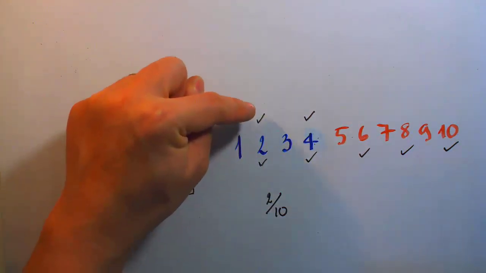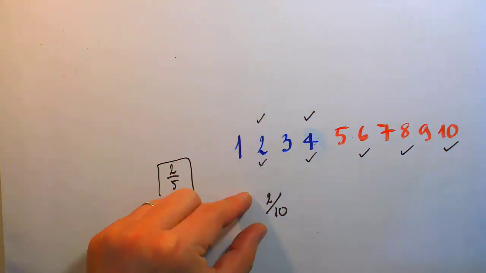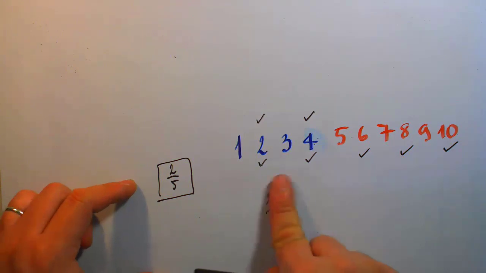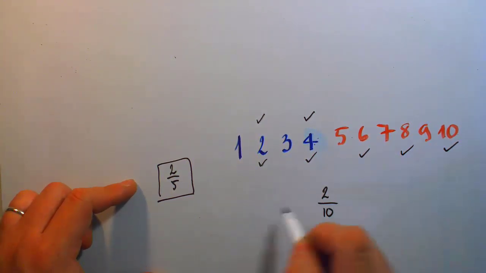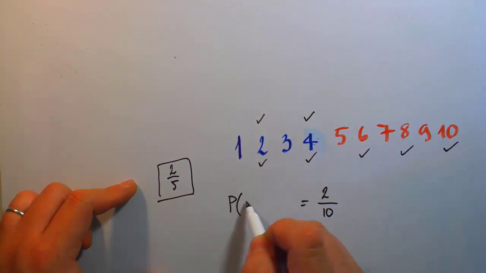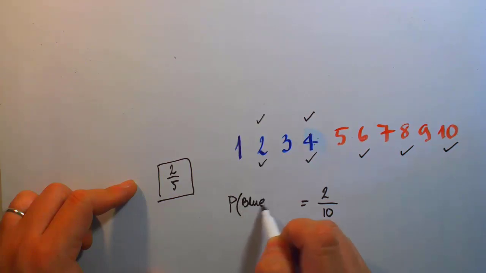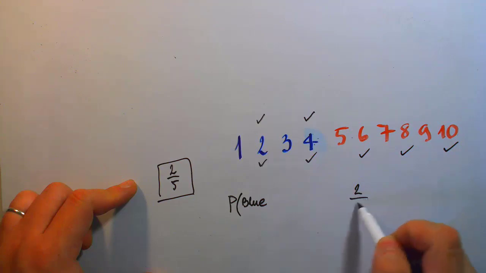And so in other words, my ratio 2/10, let me rewrite it in a proper fraction right here, 2/10 truly is the probability of being blue and even.